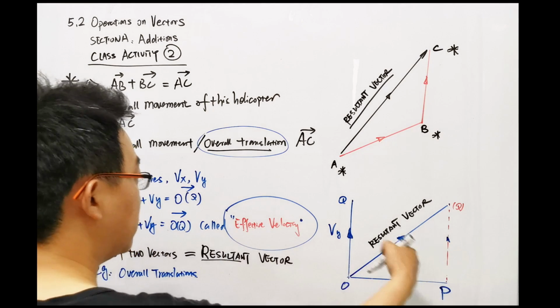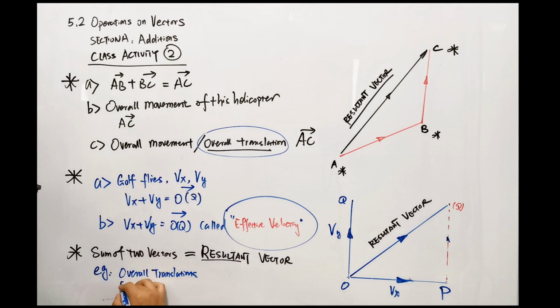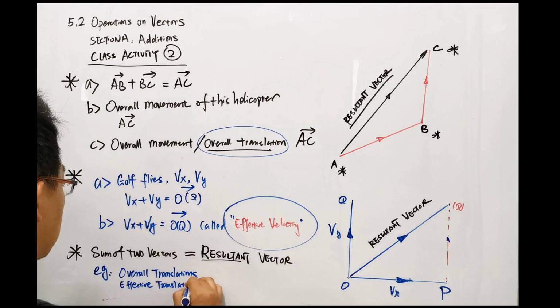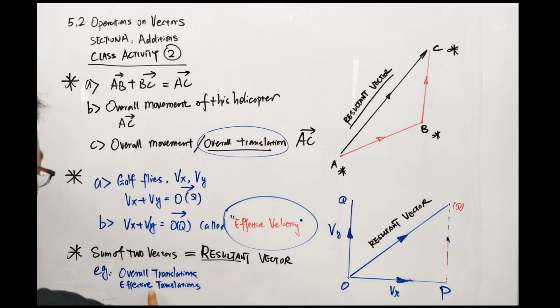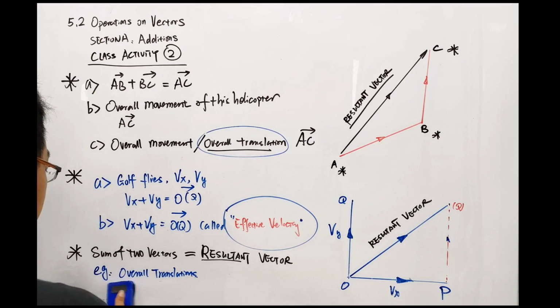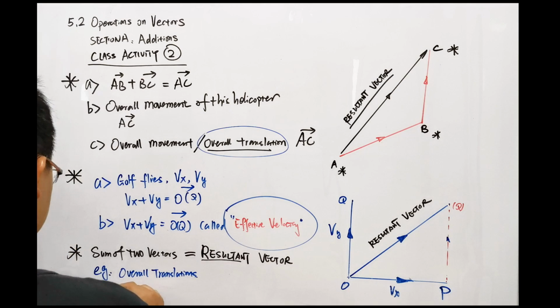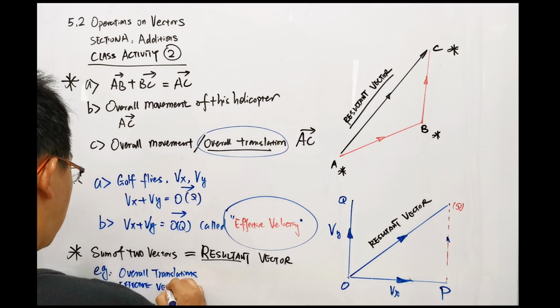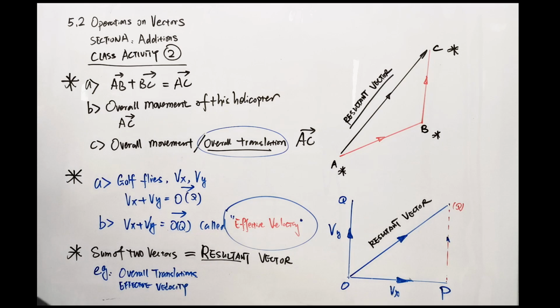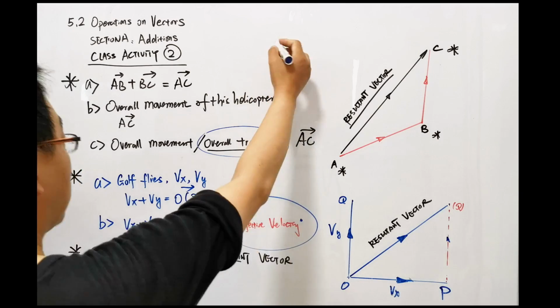And for these two velocity vectors, we call it the effective velocity.